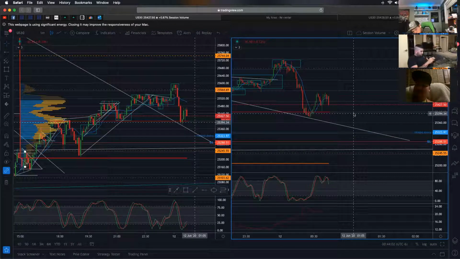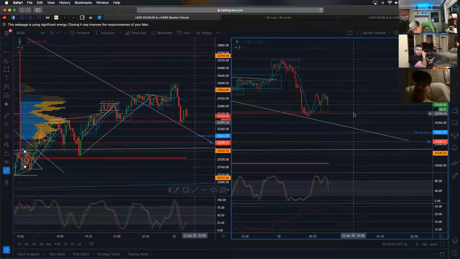Because if he knew where it was going on the long side with his entry, he would never really go negative. You know what I mean? Unless it was just some kind of crazy shit. Well, the thing is, it would never touch that, right?